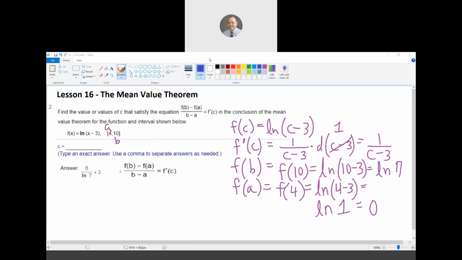So natural log of 7 minus f of a, which is 0, so you don't need that, all over b minus a, or 10 minus 4, and that's equal to f prime of c, which was 1 over c minus 3.